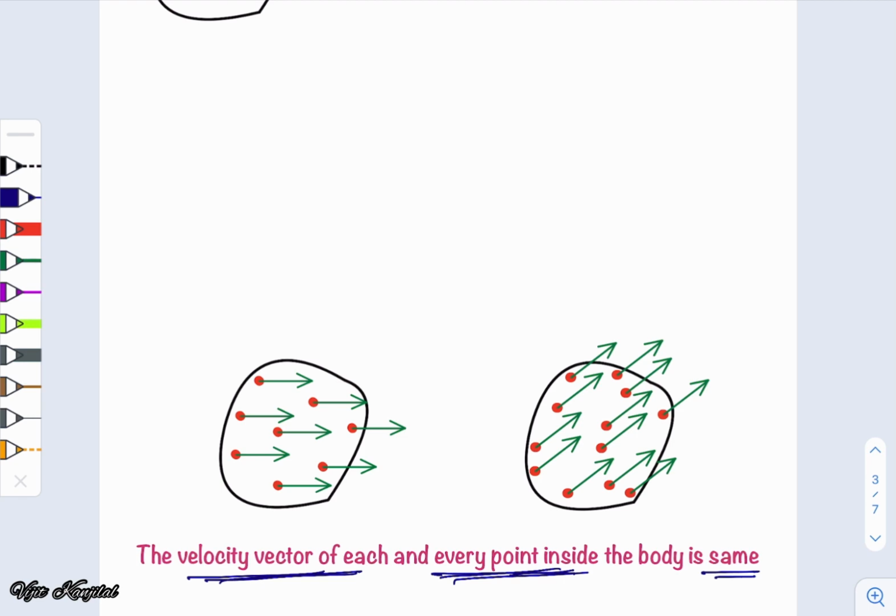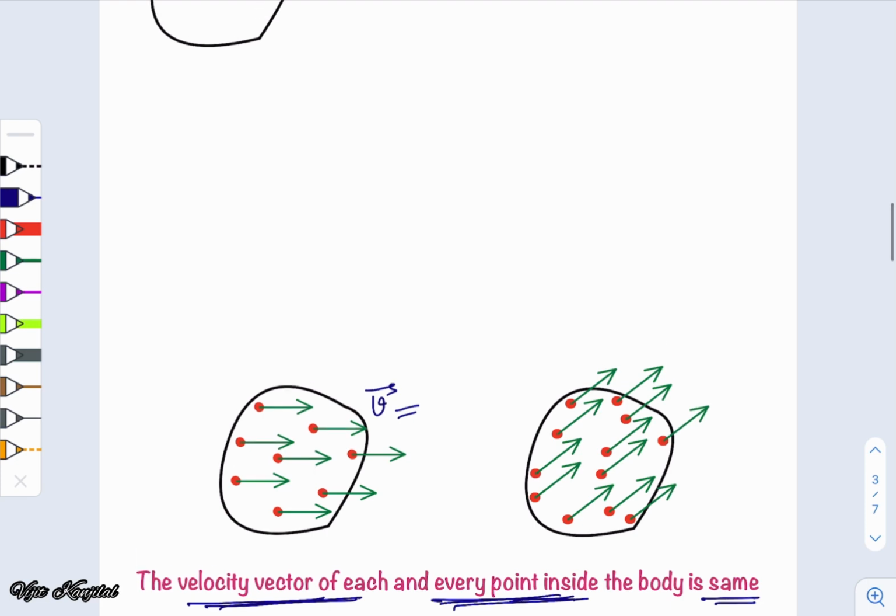We can see that the velocity vector for each and every point inside the body is the same, because for each and every point we can see the velocity vector that is indicated by these green colored arrows. The length of the arrows is the same for all the points. Also, the direction towards which each of these arrows is pointing is the same. So the velocity vector of each and every point residing inside this body is the same.